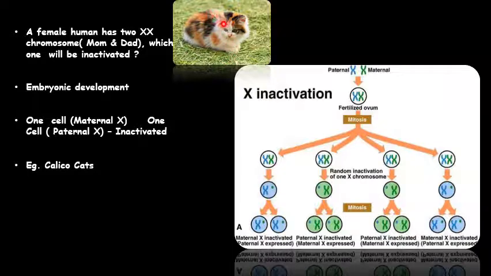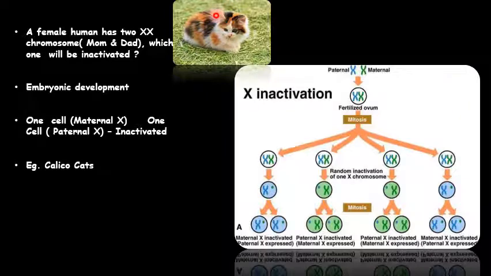If you look at this cat, it doesn't have only one particular fur color. It has mixed color, one black as well as one brown. Say for example, it has inherited the black color from the father and the brown color from the mother.